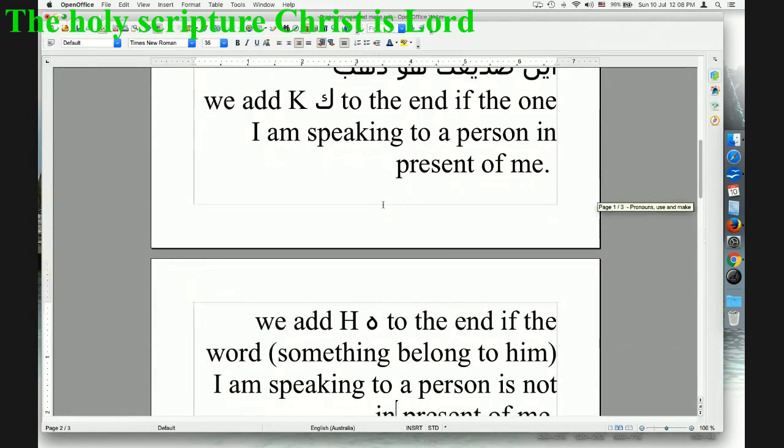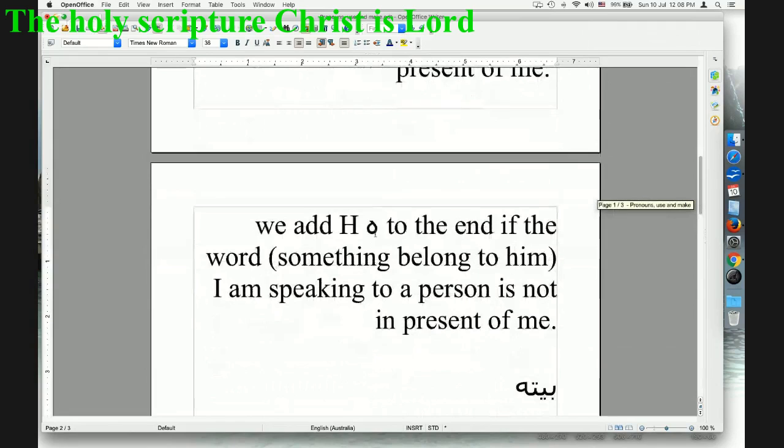All right. Here, the ha is something we add at the end to make it belong to him, or let's say to give the thing we are talking about a definition that this thing belongs to this person. However, I'm not talking to him directly.